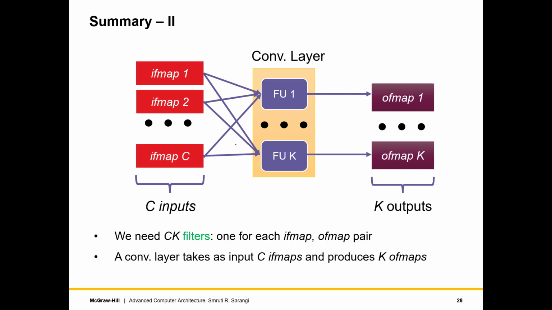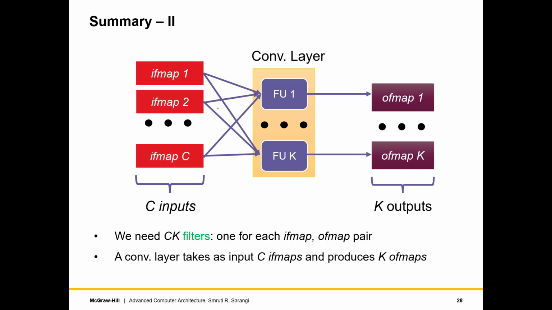Similarly, the same thing is done by all the capital K functional units to produce capital K output feature maps. What happens is that a convolution is computed between a kernel and a feature map in a given functional unit.